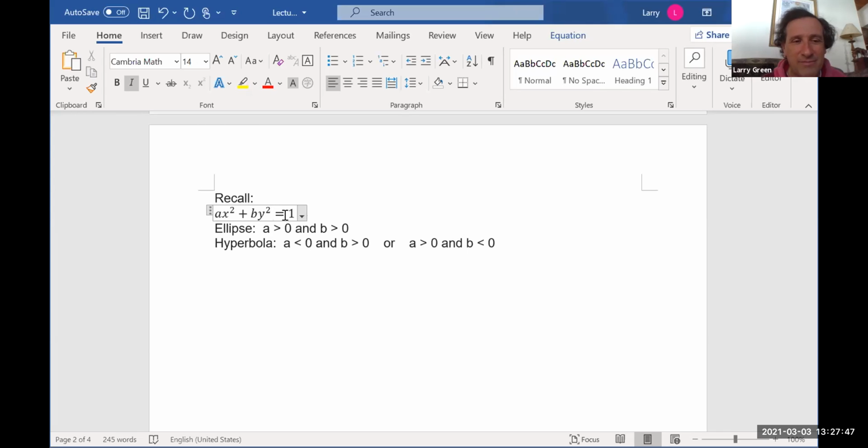Sound good? And if you let the origin be the center, you don't have to worry about a plus 3x and minus 4y or something like that, because you can always make that adjustment and just redo your variables. Is that clear? That you learned in pre-calculus and intermediate algebra. Any questions on just a little review of ellipses and hyperbolas?